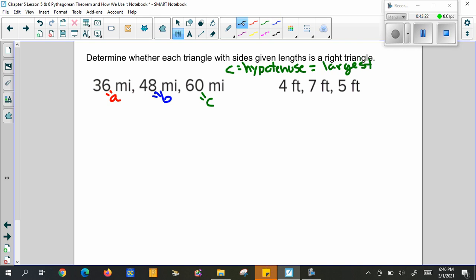If I place those into the Pythagorean theorem, I'm trying to find out, is this actually equal? So let's see what we have. We will go ahead and square everything.